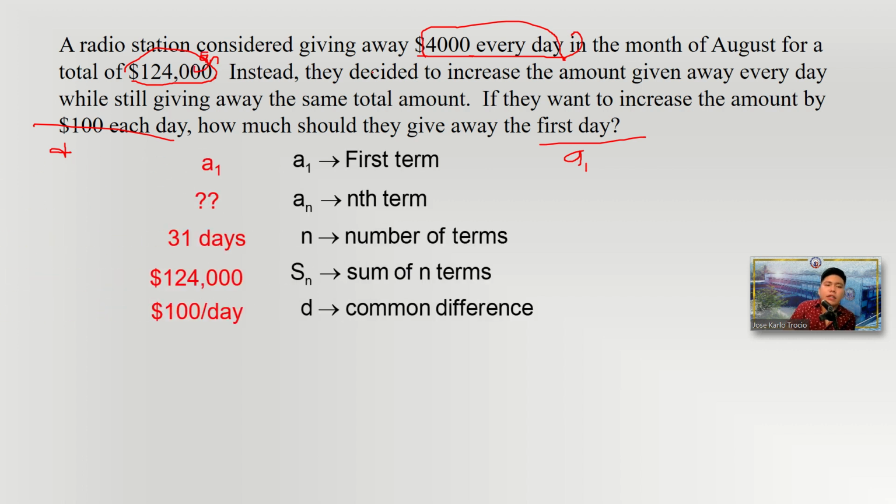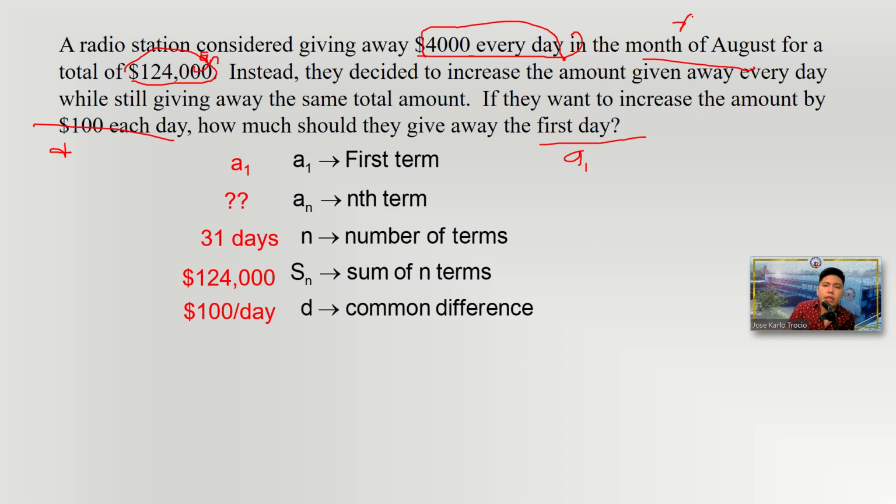And 31 days is the end, the month of August. We do not know the first term, but they are going to give 4,000 every day.